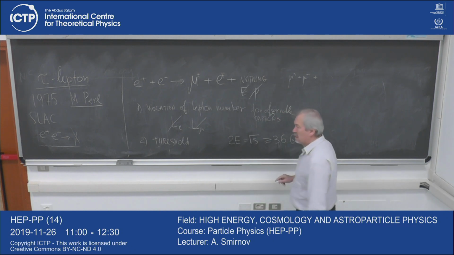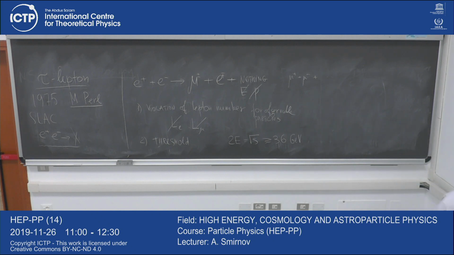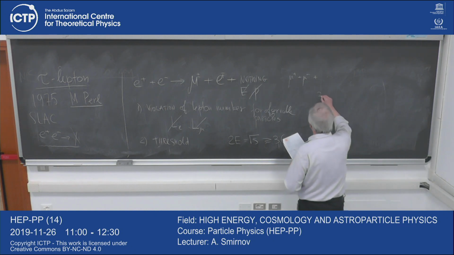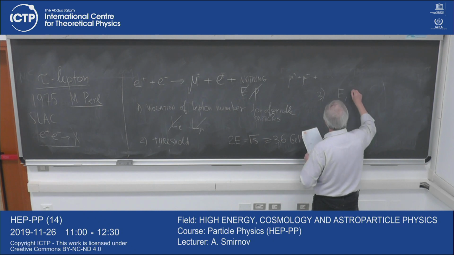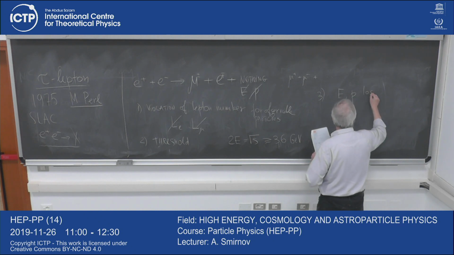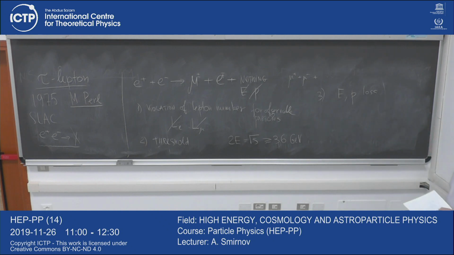Below this energy these events are not seen. Of course another property is that we have energy and momentum loss: the sum of the energies of muon and electron is smaller than square root of s in the collisions.